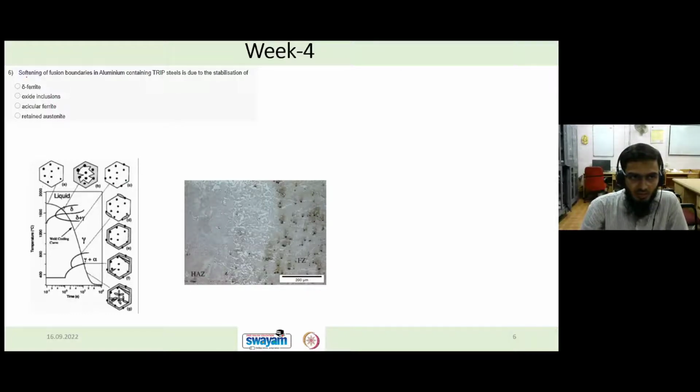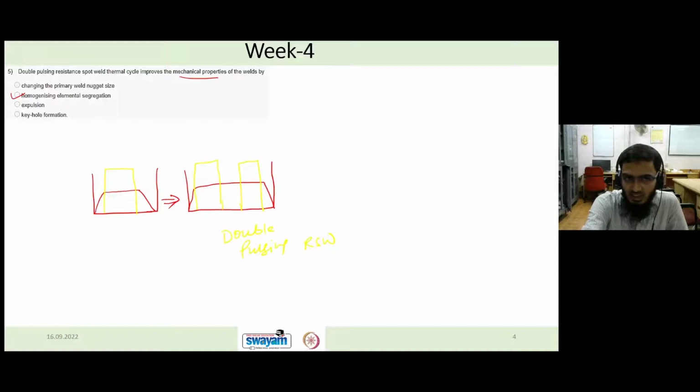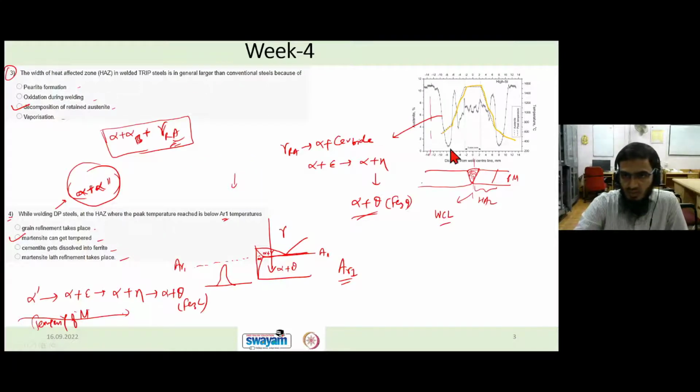Softening of fusion boundary in aluminum containing TRIP steel is due to the stabilization of what? I showed you the graph of silicon containing TRIP steel earlier. Similar to this, there is a graph of aluminum containing TRIP steel, where the softening of HAZ will be observed.